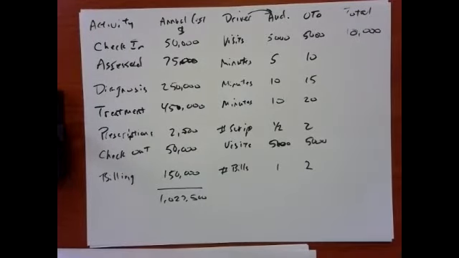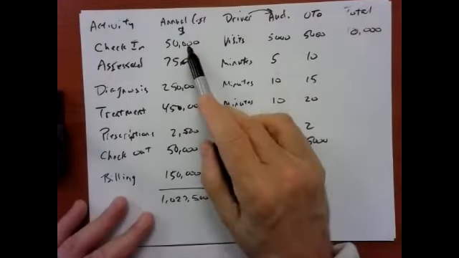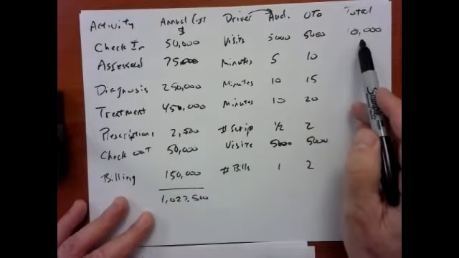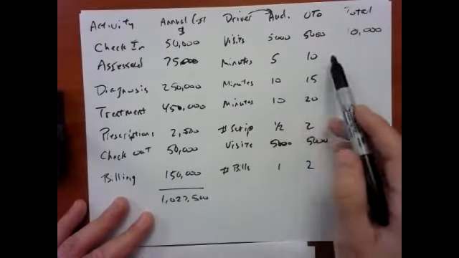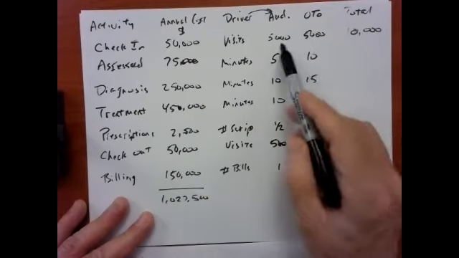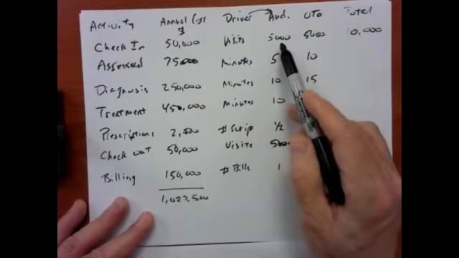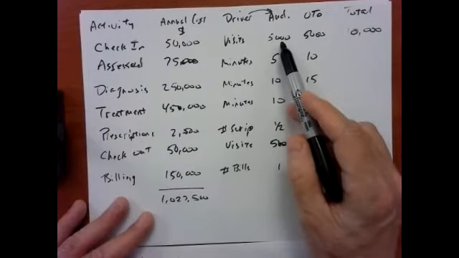The third step then is the allocation rate. The allocation rate will be 50,000 divided by 10,000, which is $5. So for every visit, audiology will get charged $5. We say, okay, audiology, each of your visits costs $5.